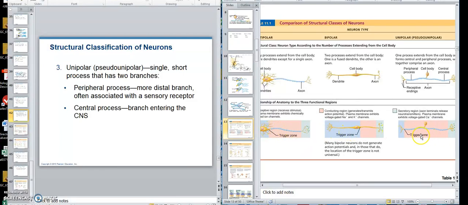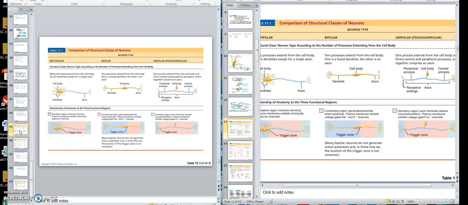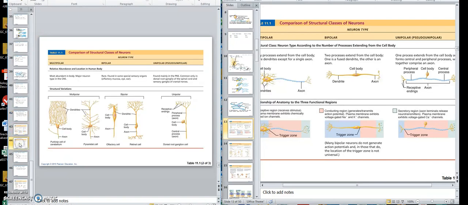The axon is where action potentials propagate. That's why with this one, if that's considered a whole axon, then they propagate that way. Okay? So that's what you have there. All right. So here again, you're looking at this in that same thought. Bipolar, unipolar, multipolar.